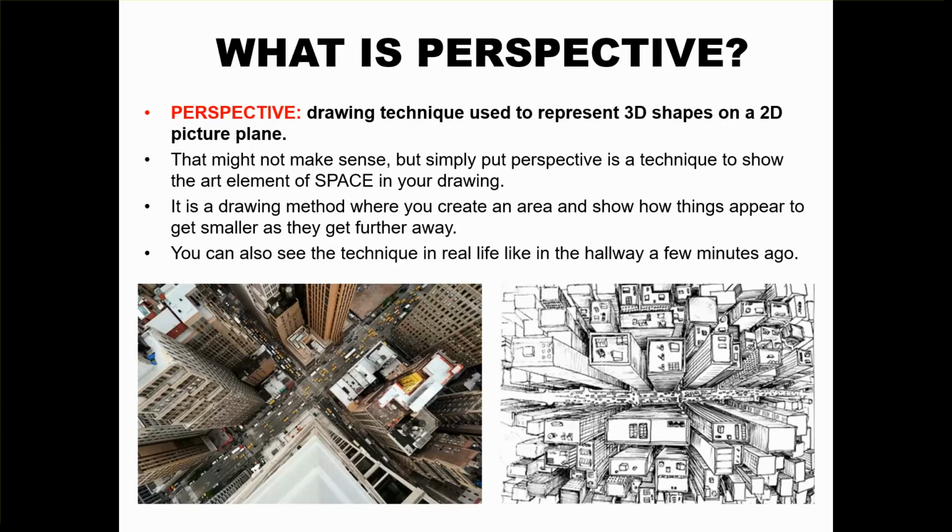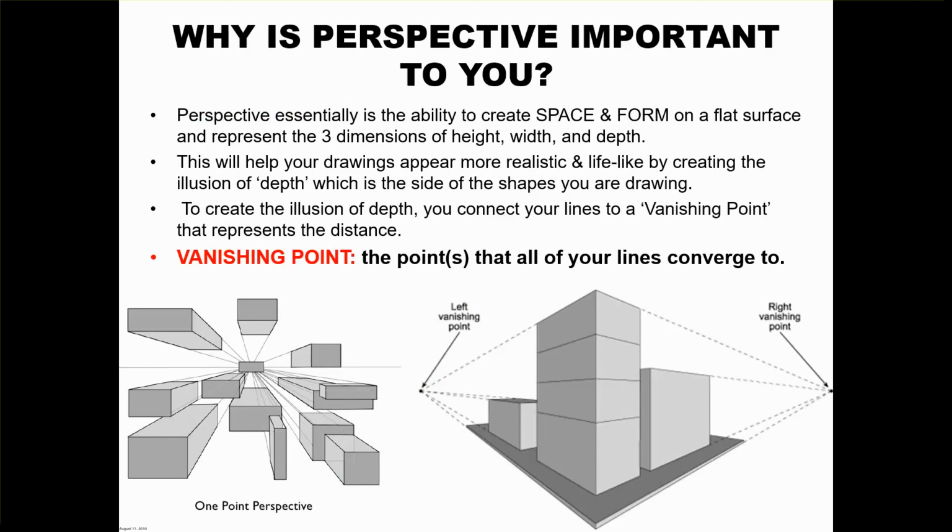And if you look really close, all of the sides of the buildings converge to one point in the distance. And as things get closer to that one point, they get smaller. And that's what we're going to talk about throughout this presentation and how we're going to represent it. So write down vanishing point, because that's important.